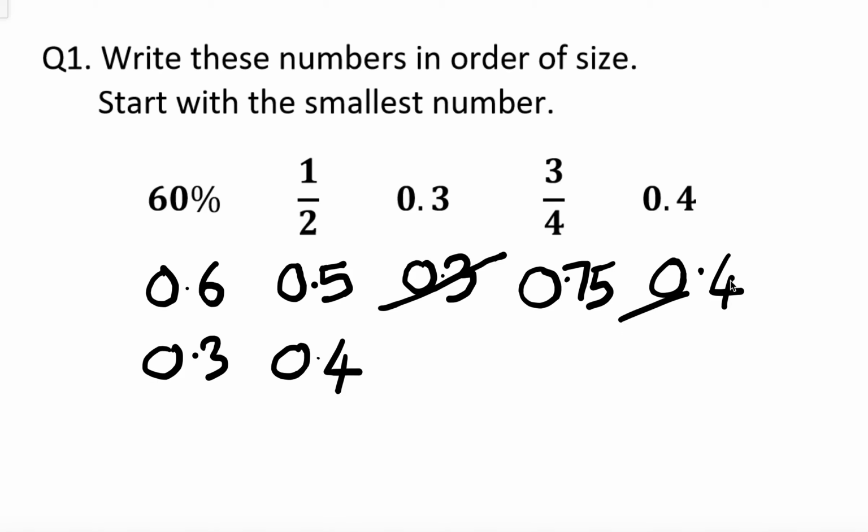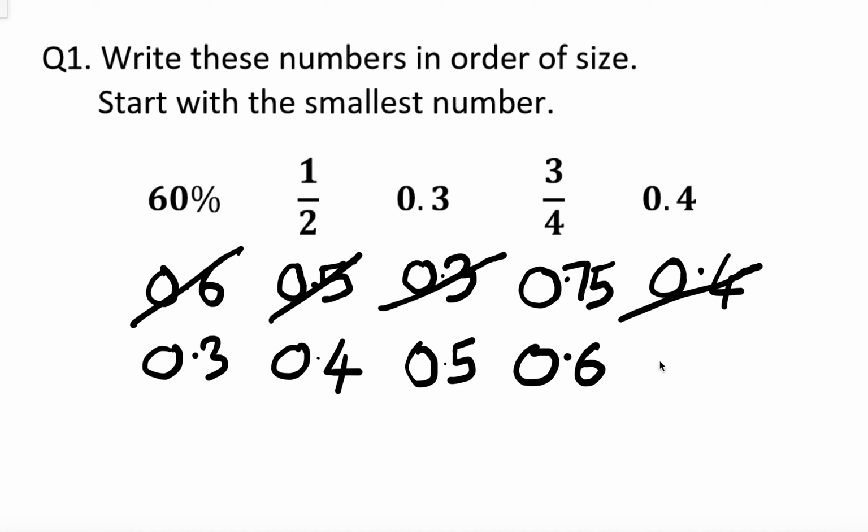And we'll cross that out because we've done that one as well. And then I think the next one's 0.5. Cross him out. And if we've got 0.6 or 0.75, well, 0.6 is going to be the next one. So we'll cross him out. And then the last one is 0.75.